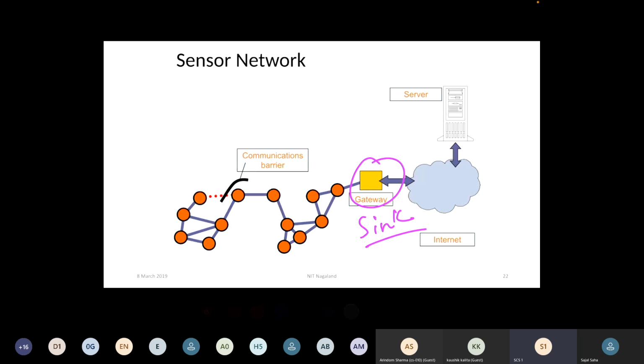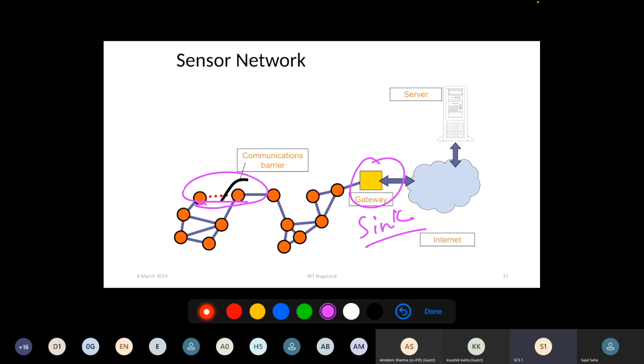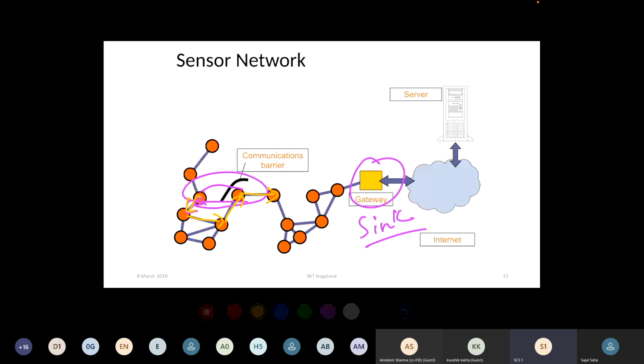Here you can see that a communication barrier is coming, so I am not getting a proper signal from this node. So immediately, instead of making it a neighboring node, it is making this one a neighboring node. Though it is taking a longer path, it is still taking this path so that it is sure that my data will go properly.